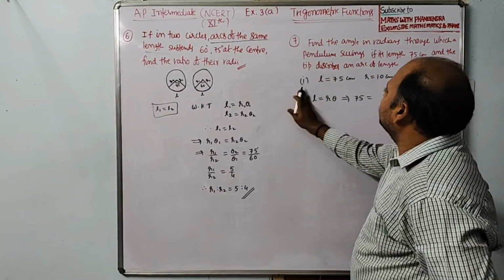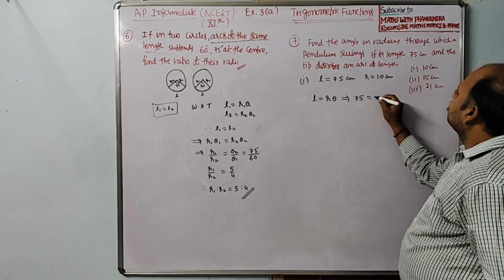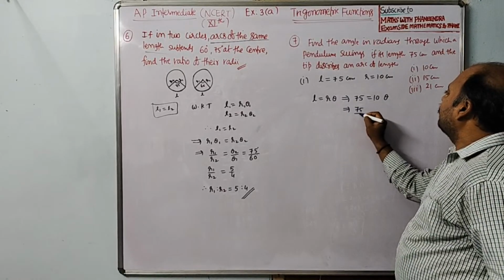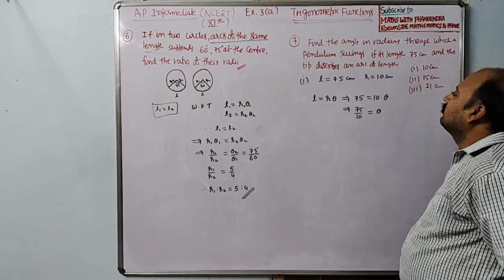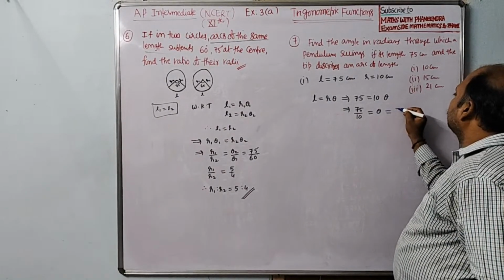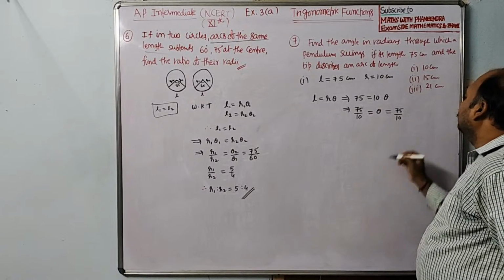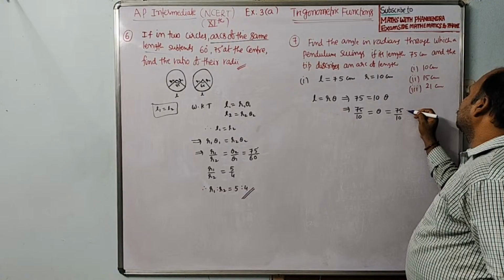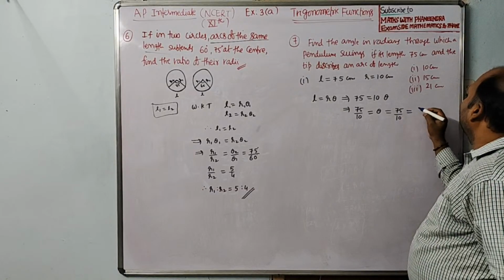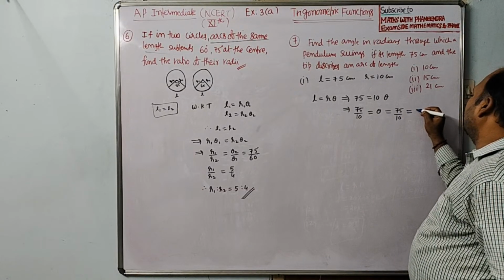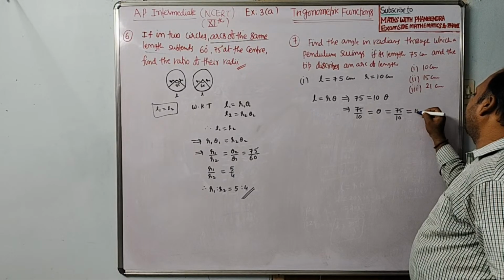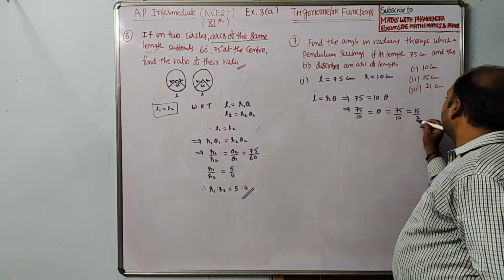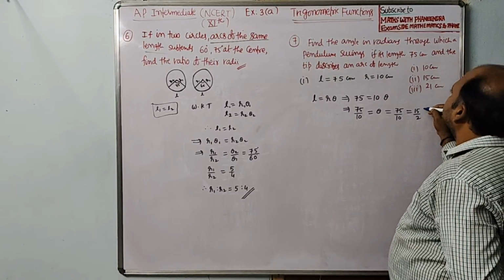So 75 equal to 10 into theta. So 75 by 10 is equal to theta, radians. 5 15s, 5 2s. So theta equal to 15 by 2 radians.